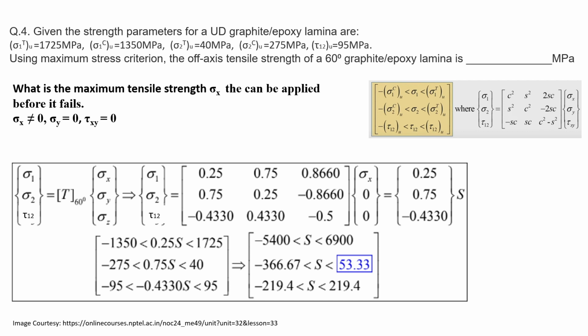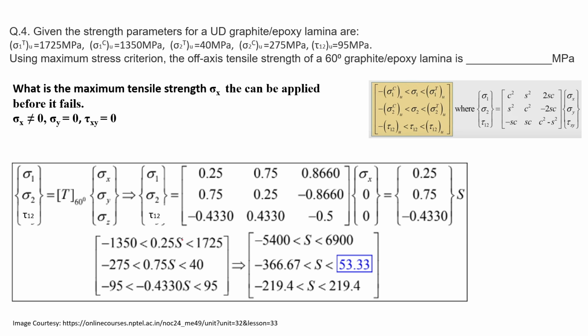So here we have to find what will be the value of this stress. We will take the stress value sigma x as equal to S here, and this gives the stress in direction 1, direction 2, and the shear stress in 1-2 with respect to the value S. Now we have to find this S within the range of the ultimate values.